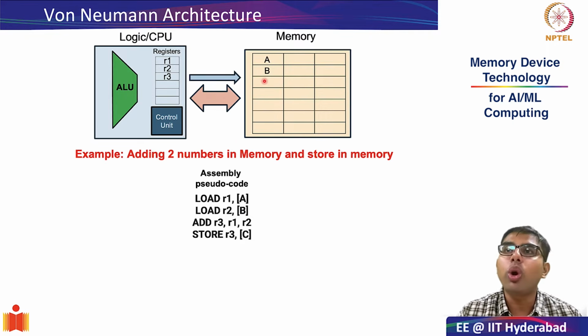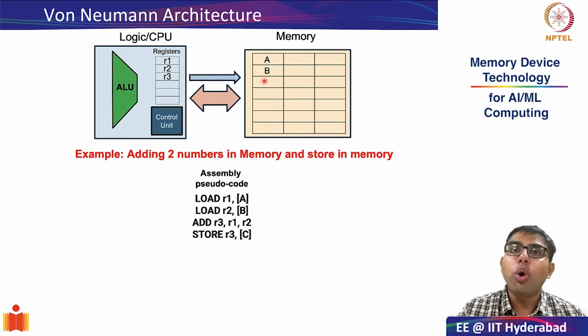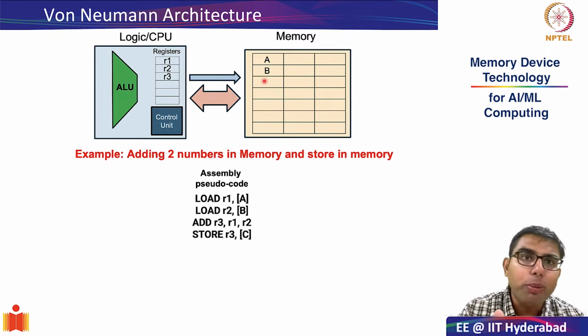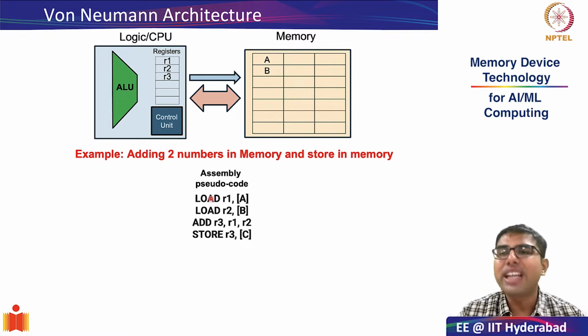The assembly code is code which is understandable by the CPU. The CPU assembly code consists of the instruction set architecture, which lists the instructions understandable by the CPU. Some examples you can see in the code I have illustrated here are load, add, and store, which are instructions within the instruction set architecture.